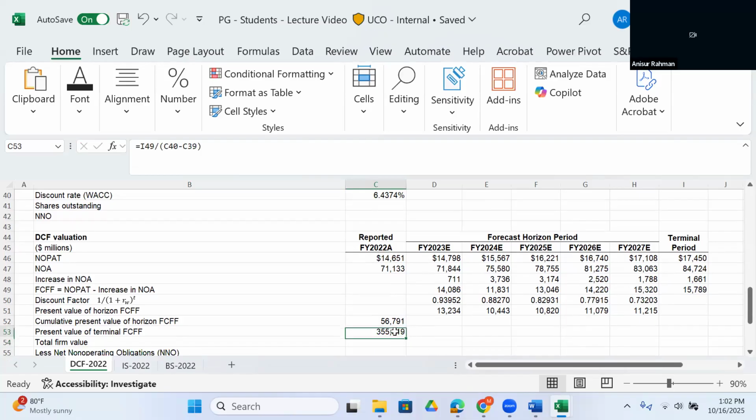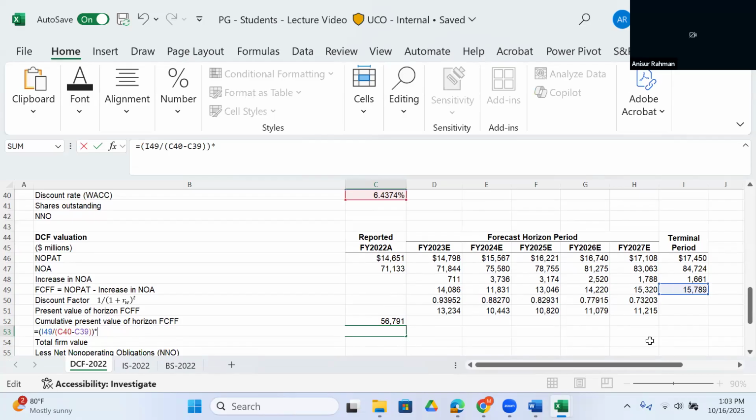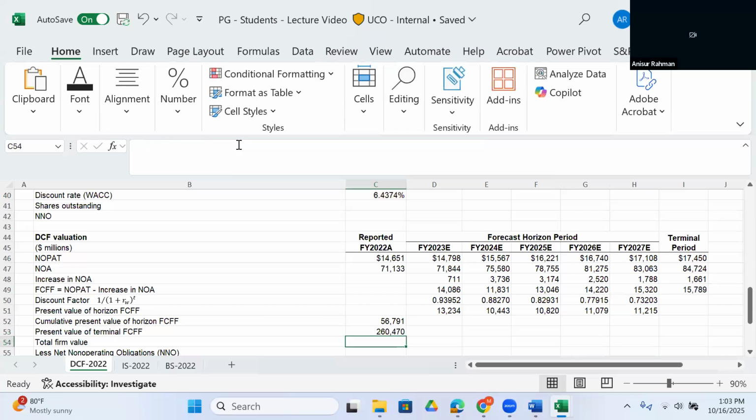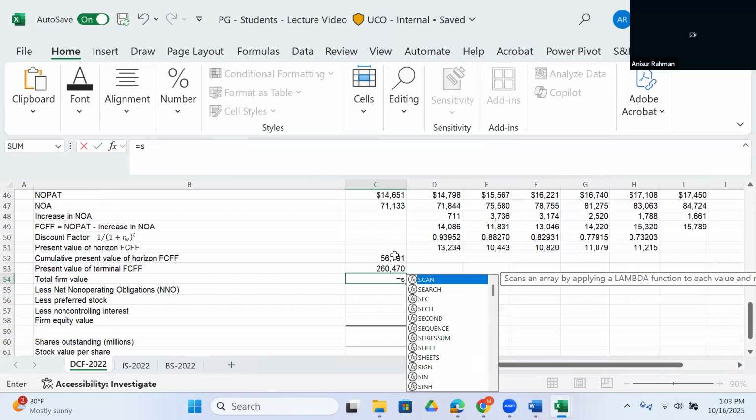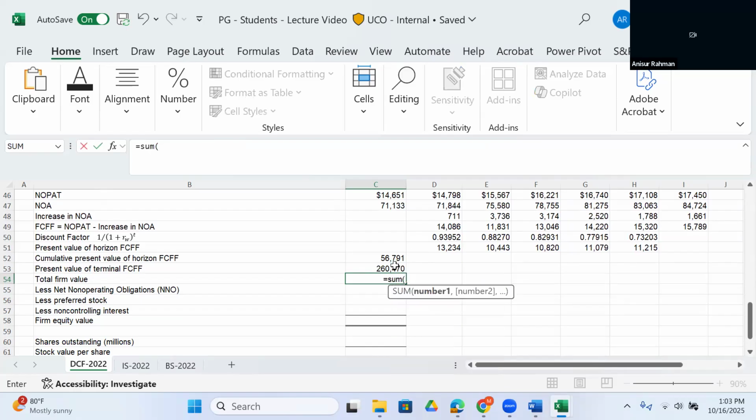So I'm going back there, wrapping this in parentheses, and multiplying by our discount factor. You can see the formula here, hit enter. Then my total firm value will be the sum of these two.